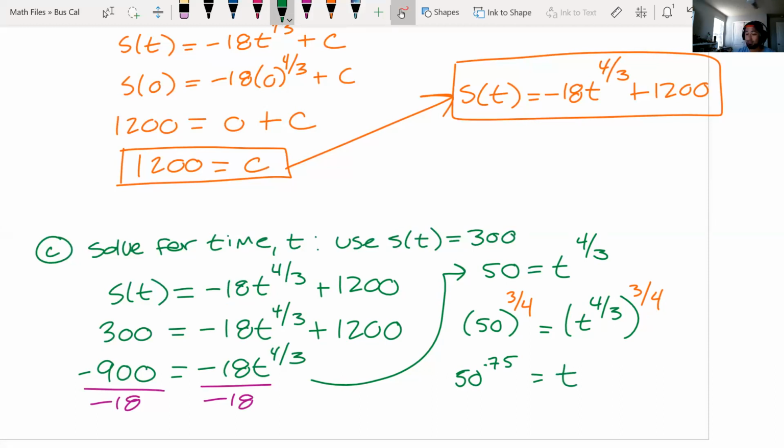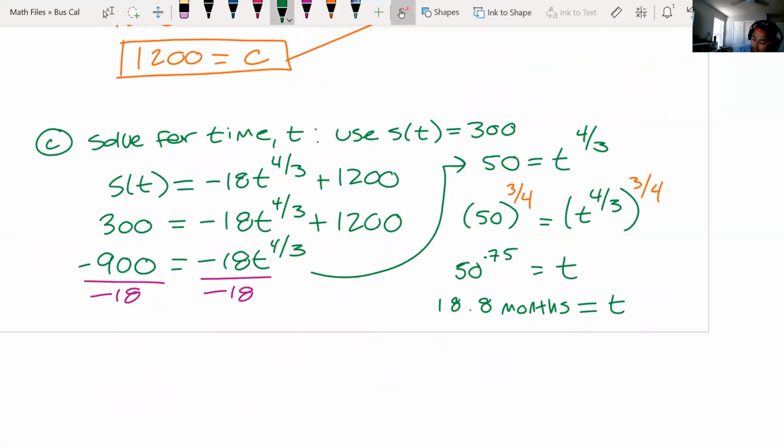It's beautiful. And then 50 to the 0.75 gives me 18.8 months equal to t.